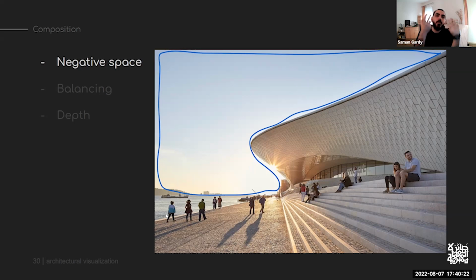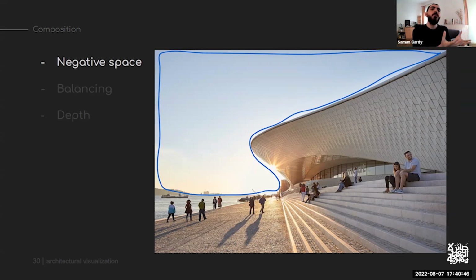So it's a lot of information for human brain. What you can do to give a rest to the viewer, you give a negative space, which is blank. Nothing is happening there. It's just a space without having any information. So that's how you can balance your image with negative space.